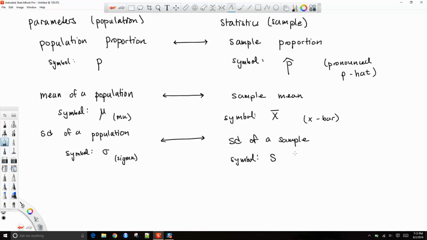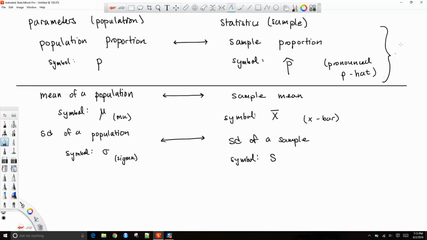So we have all of these things that we're kind of getting at. We're going to just focus in the beginning on proportions, okay? So I can also kind of draw a line. This is for categorical variables.